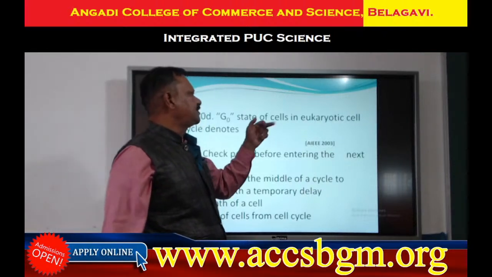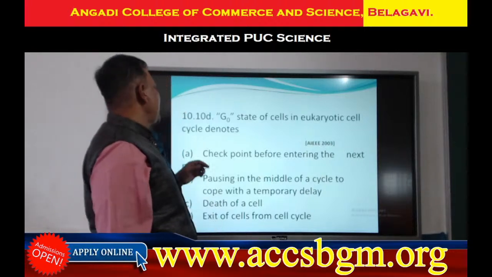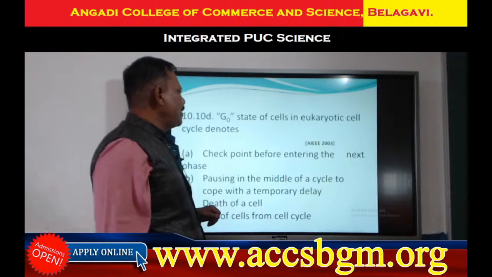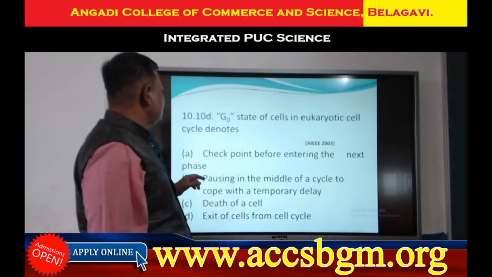Next one. The G0 stage of cells in the eukaryotic cell cycle denotes what?